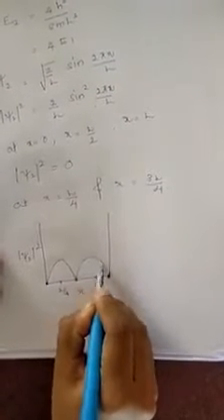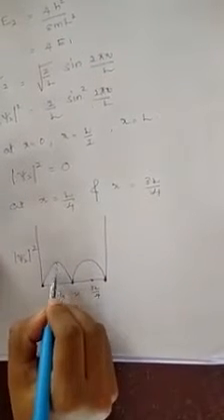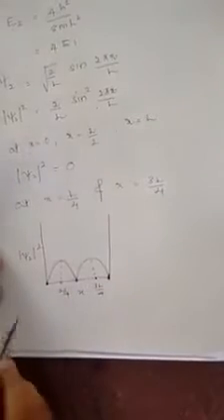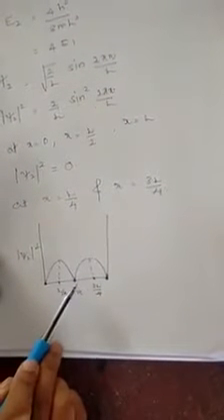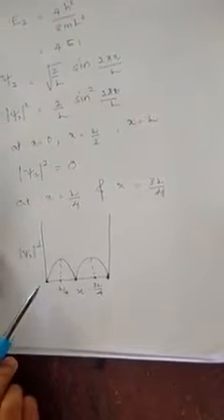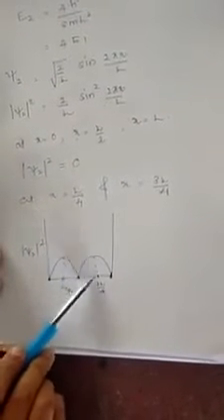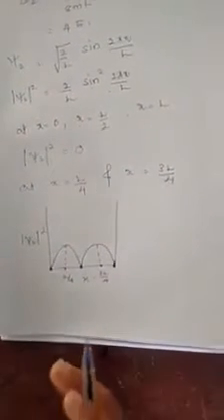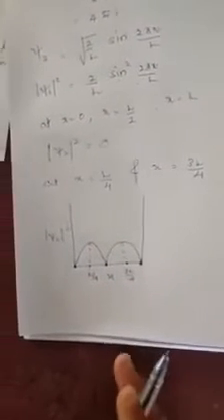So, the graph like this. That is the probability to find the particle at these points is maximum. Similarly, we can draw n equal to 3, n equal to 4, etc.